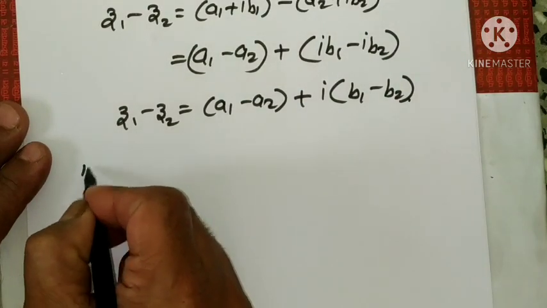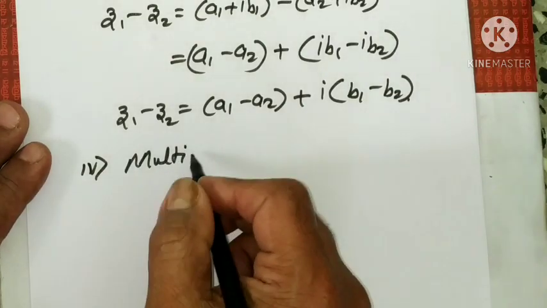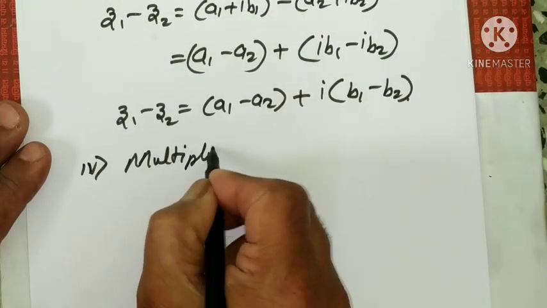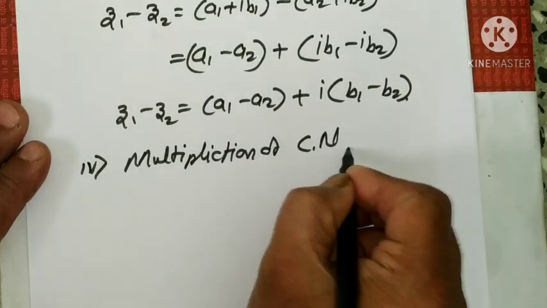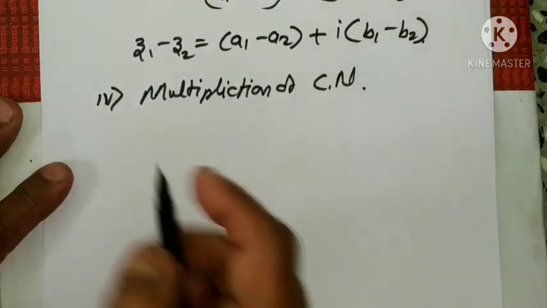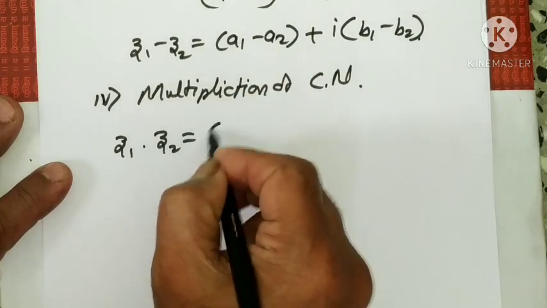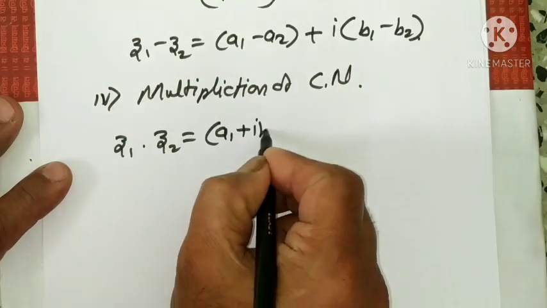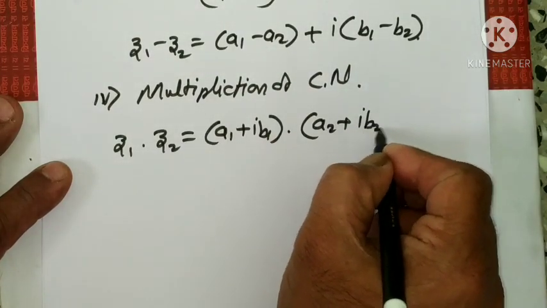Next point, multiplication of complex numbers. Z1 into Z2 is equal to a1 plus ib1 into a2 plus ib2.